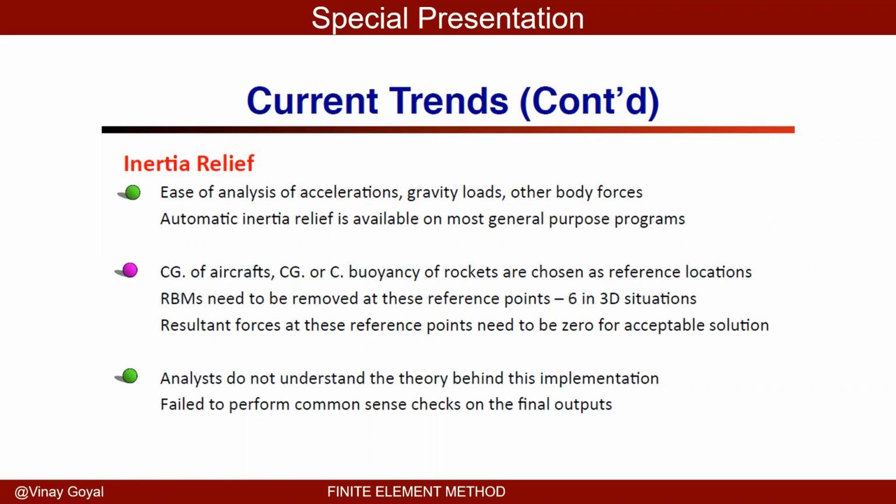Honestly, I can tell you, I didn't know about inertial relief because I never worked with Nastran. And I was reviewing one report for NESC where one of the teams used inertial relief. And I looked at their plot of the displacements. The whole spacecraft was moving by several inches.